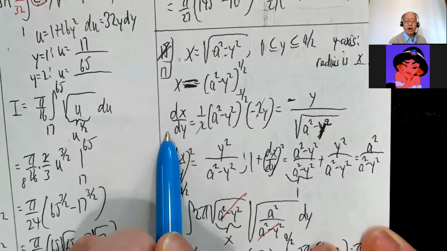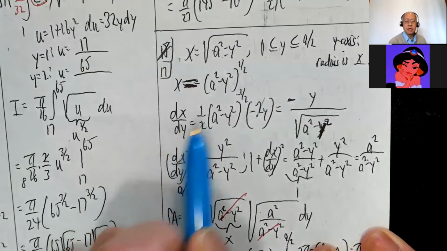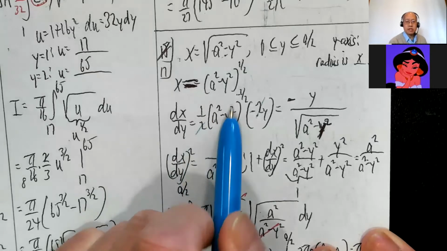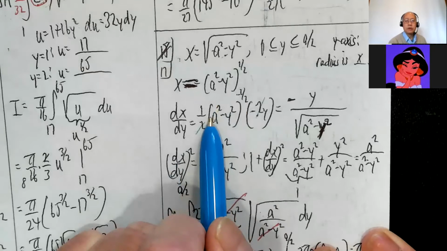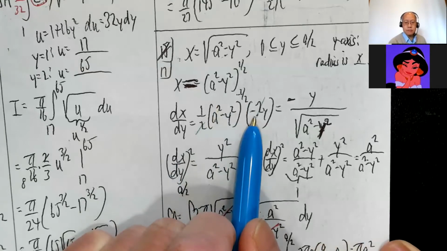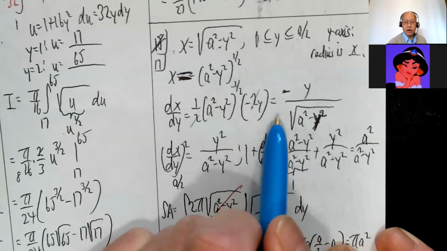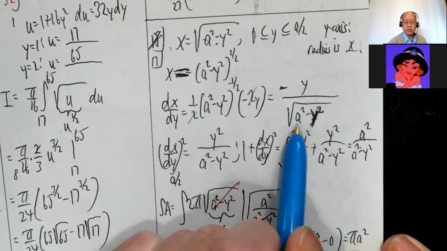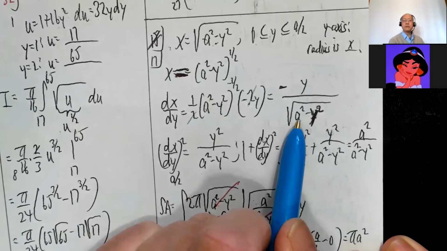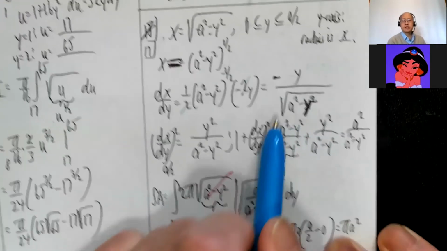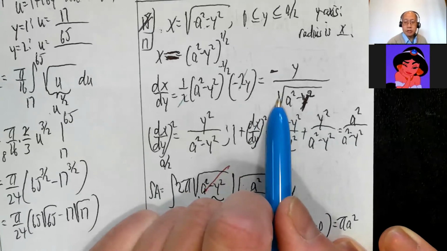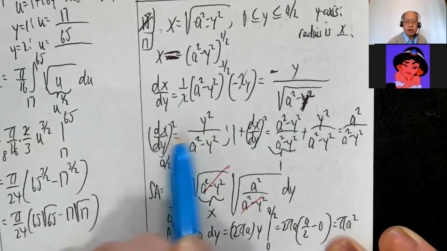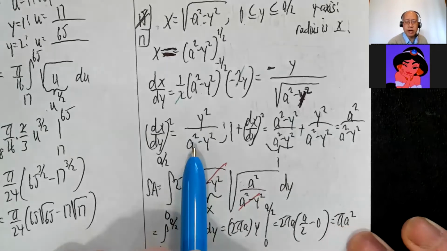So dx dy, I know it sounds funny, 1/2 a squared minus y squared to negative 1/2 times the derivative of the inside with respect to y. A is a constant, so negative 2y. Cancel out, negative y over radical a squared minus y squared. I'm supposed to square that expression. That's nice. I get to lose the minus sign. I get to lose the radical. So dx dy squared is y squared over a squared minus y squared.